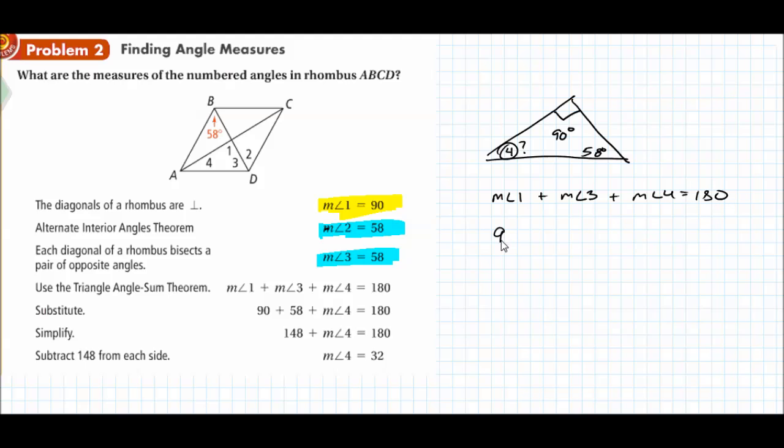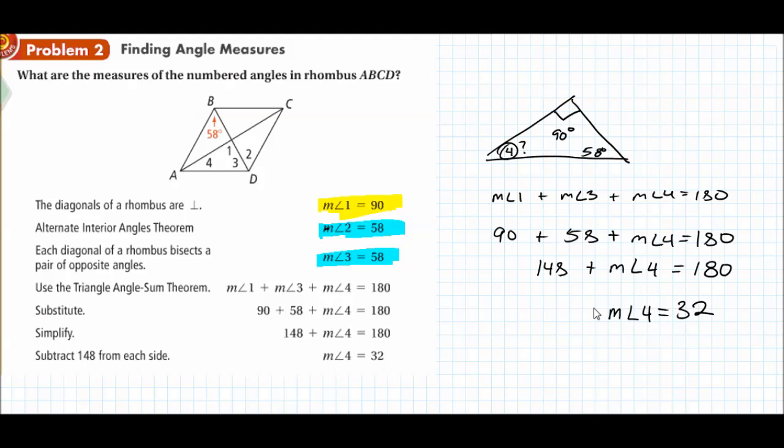Well, that would be 90 plus 58 plus the measure of angle 4 is 180. So 148 plus the measure of angle 4 equals 180. So subtract 148 on each side. The measure of angle 4 must be 32.